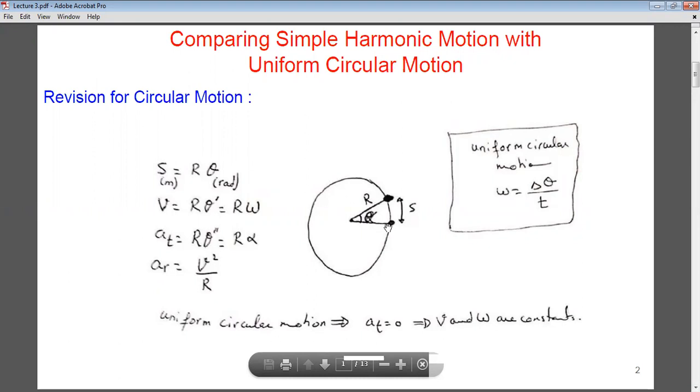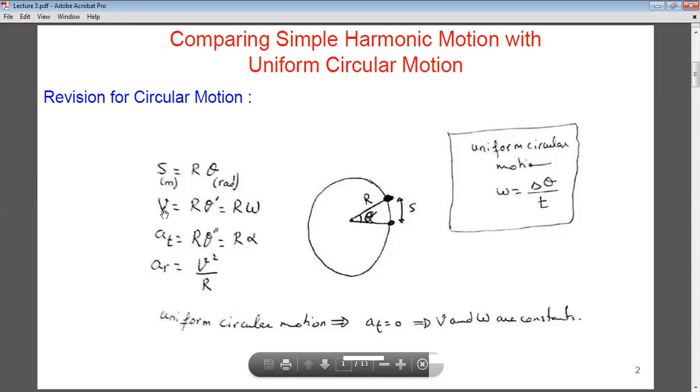When an object goes at an angle theta from an initial position, it also encounters a linear distance, which is called the arc length, S. And if you remember, for circular motion, this S is equal to the radius R times this angle theta in radians.